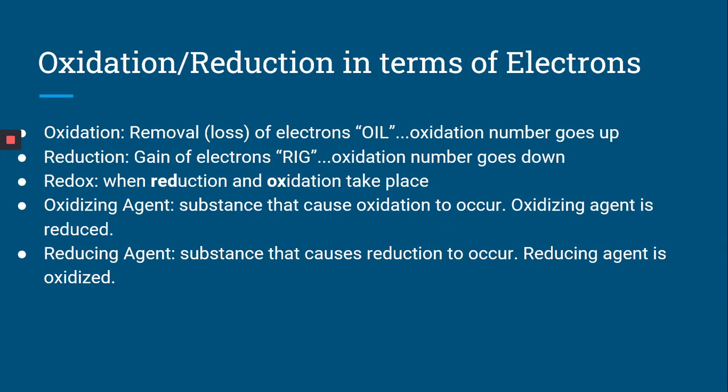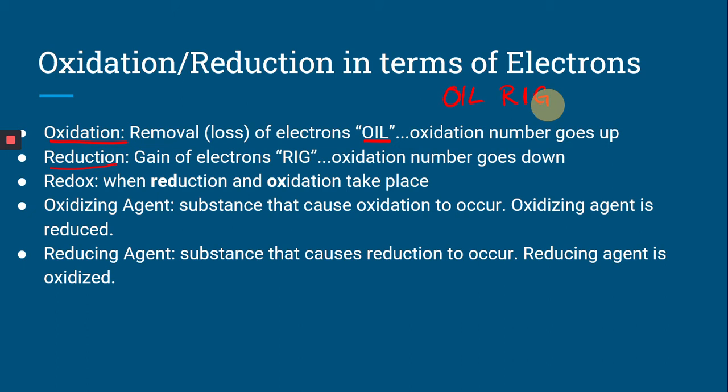So we say oxidation is the removal or loss of electrons. And OIL is one way of remembering that. So oxidation is losing, and then reduction is the gain of electrons. So reduction is gaining. So if you remember OIL, you can remember that.